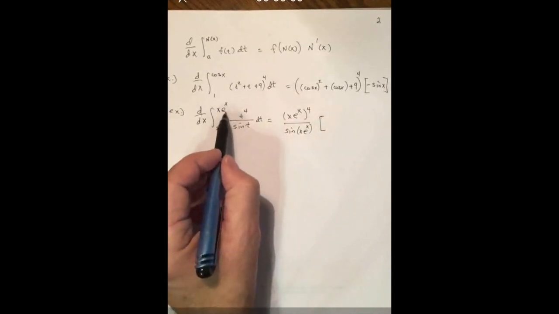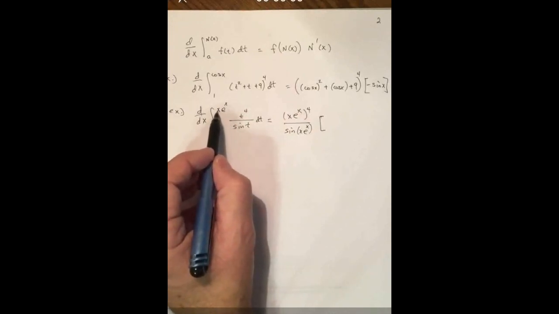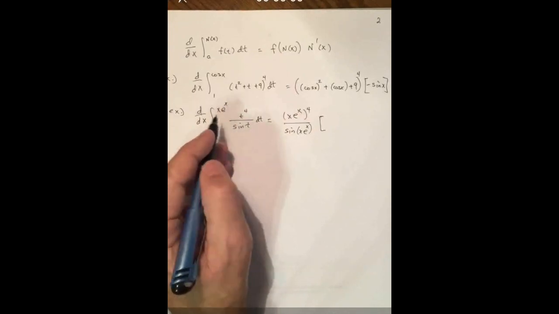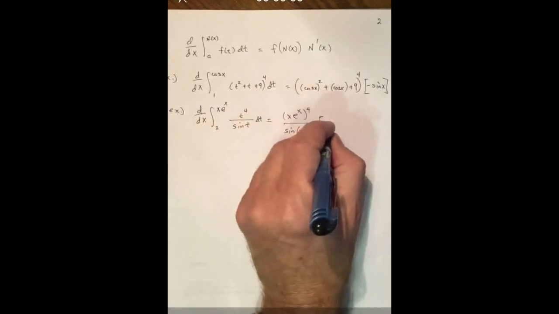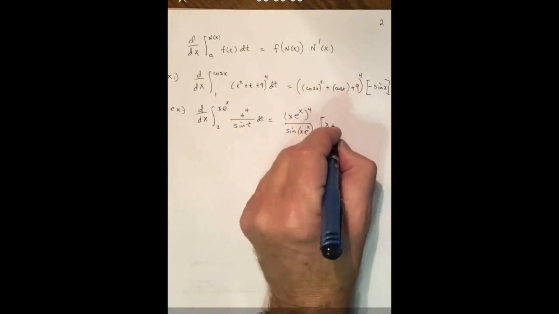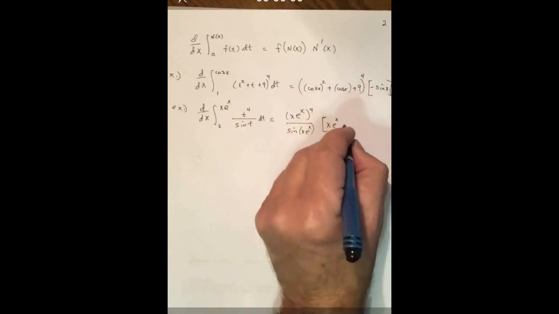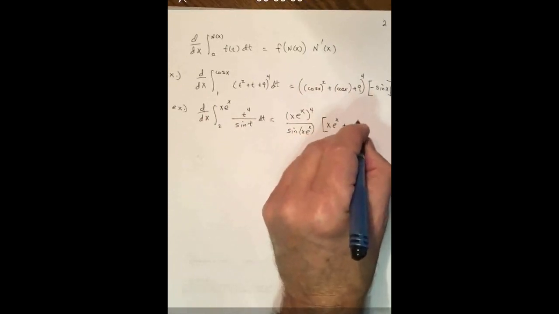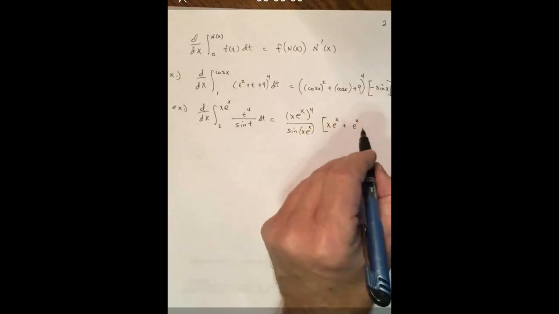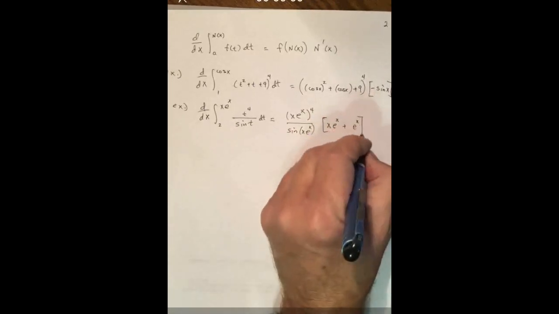What I need to now do is differentiate x e to the x. Well, x e to the x is a product, so I have to use the product rule. It'll be the first, which is x, times the derivative of e to the x, which is just e to the x, plus the second, e to the x, times the derivative of x, which is 1.